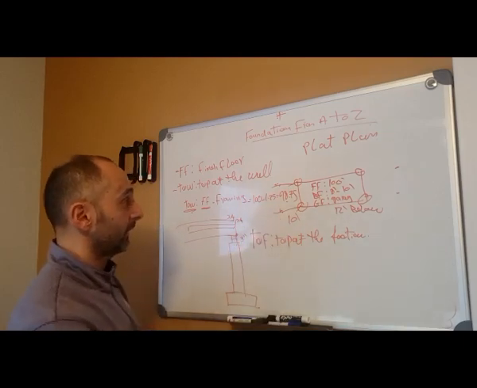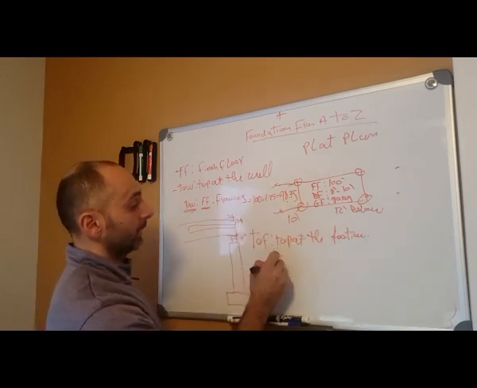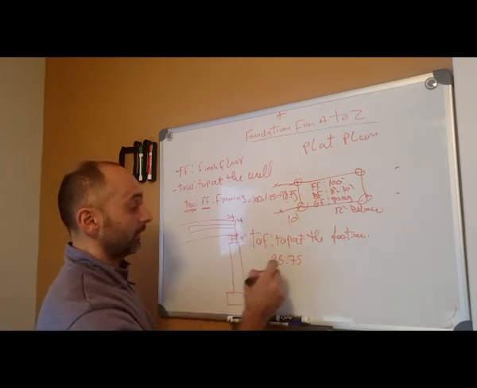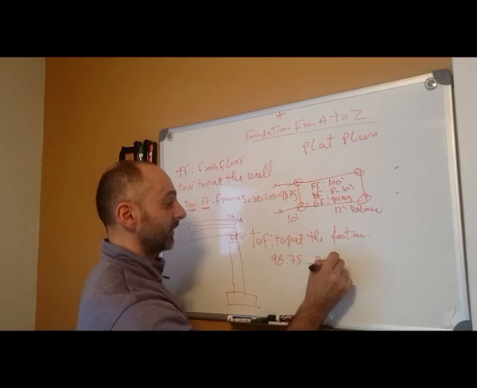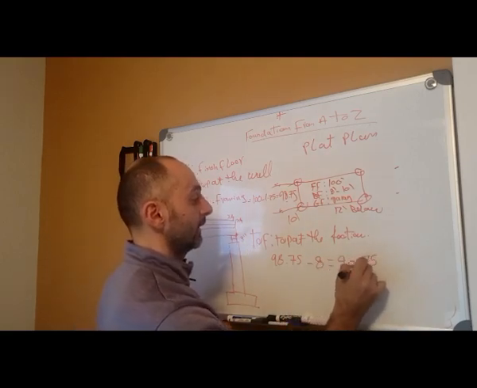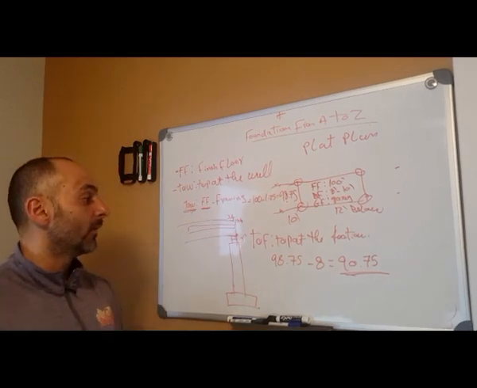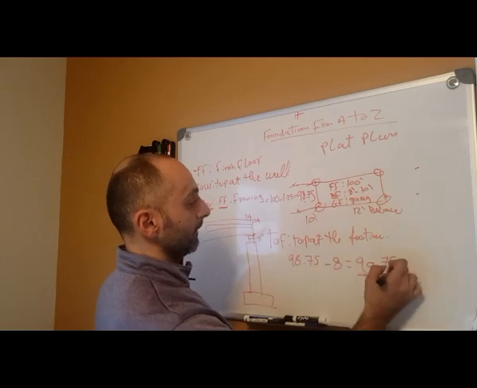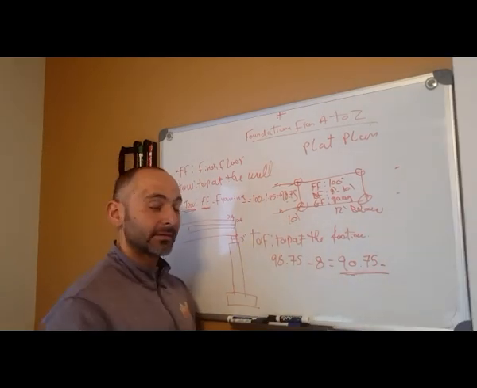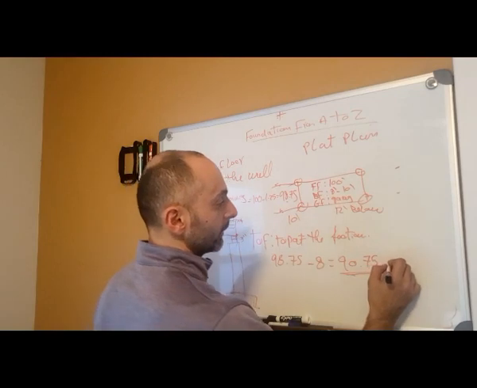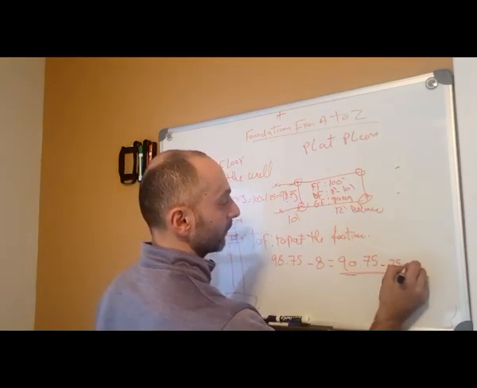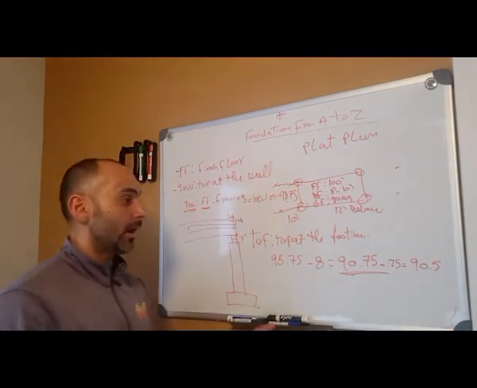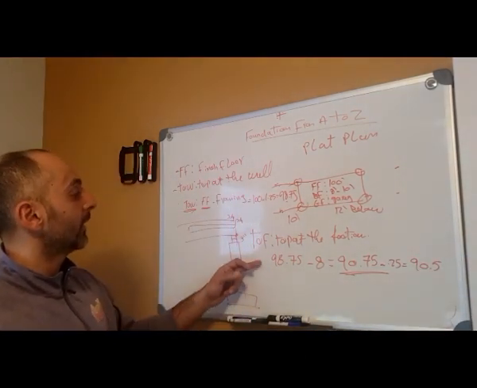Say the basement is 8 feet, so your top of the wall 98.75 minus 8, you're looking at 90.75. Now for the top of the footing, you also have to subtract the thickness of the slab, which is usually 0.25, 4 inches, so you're looking at 90.5 elevation. Now this is the top of the footing.